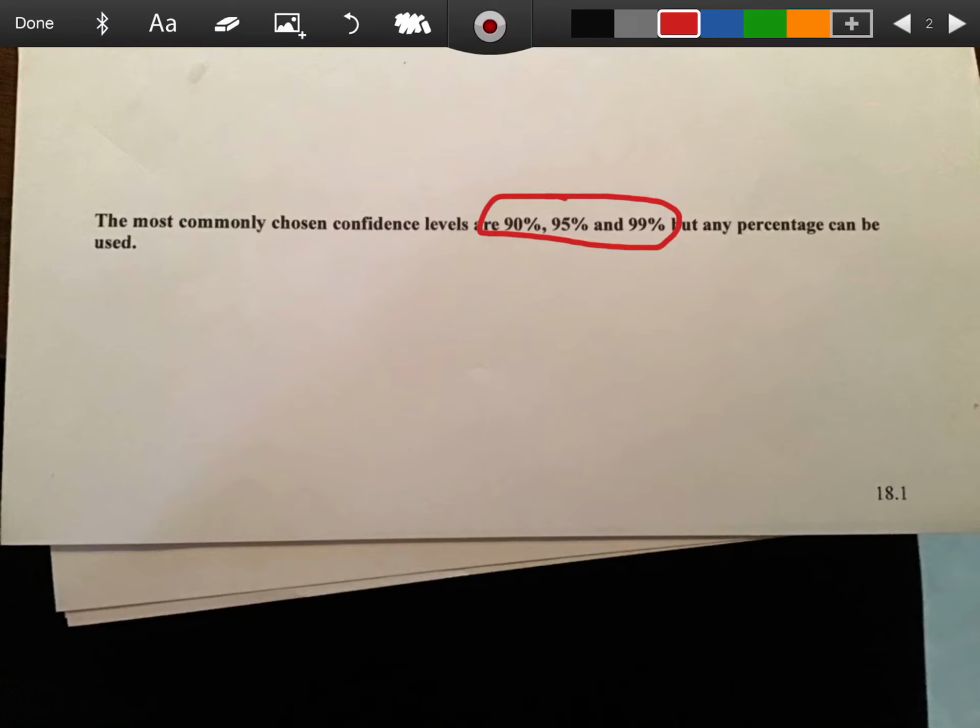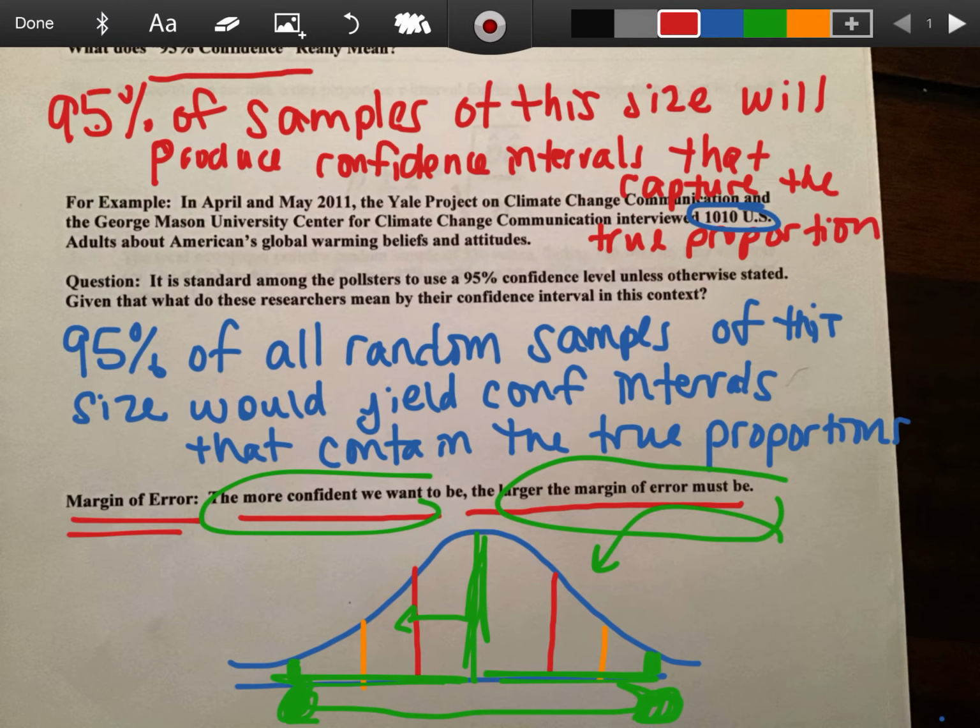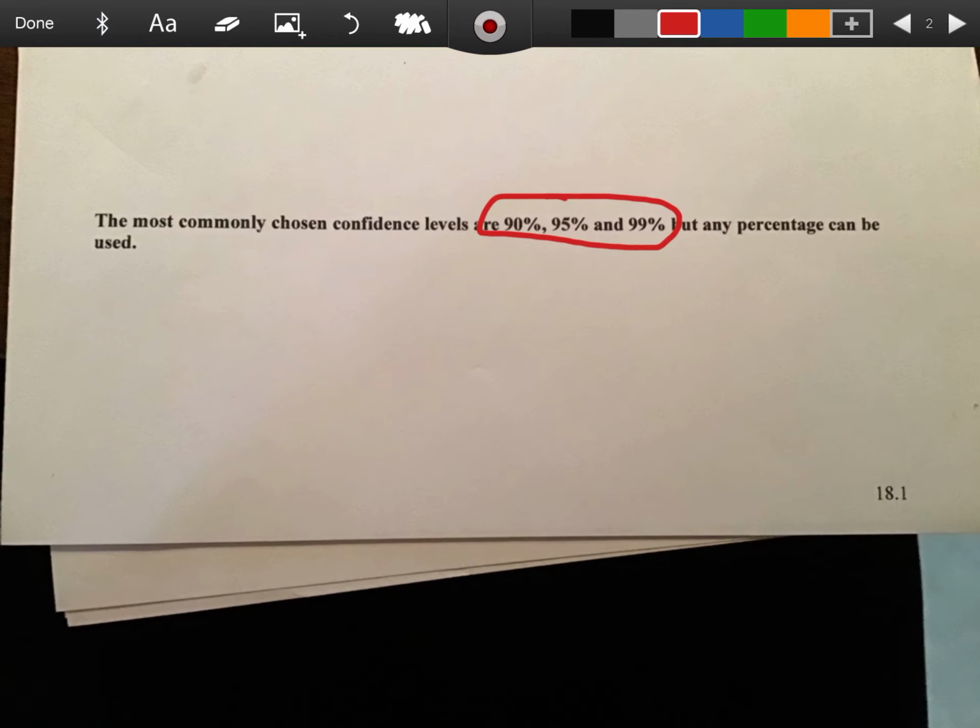That's 68% that we were talking about earlier in our normal curve. If someone told you some data and they said, hey, I'm 68% sure that is going to be true, you'd be like, well, 68%, I don't really know if I should believe you. So the most commonly chosen are 90%, 95%, and 99%.